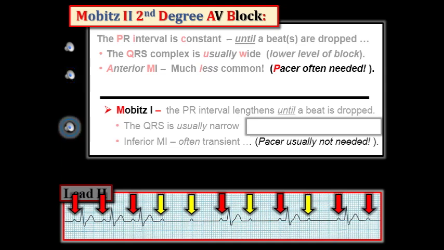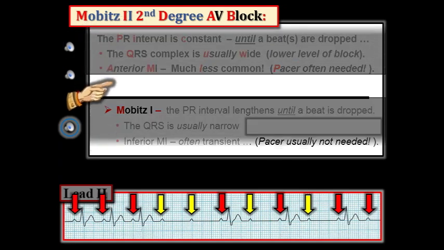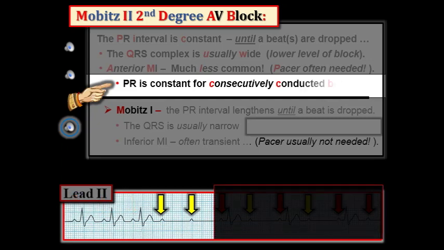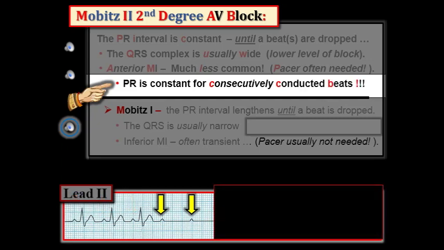The key to diagnosing Mobitz II, which is often overlooked, is that in order to make this diagnosis, you have to see somewhere on the tracing at least 2 or more consecutively conducted beats before 1 or more beats are dropped. Otherwise, there is no way to know if the PR interval would increase if given a chance to do so.